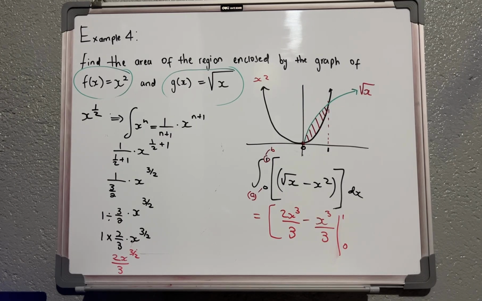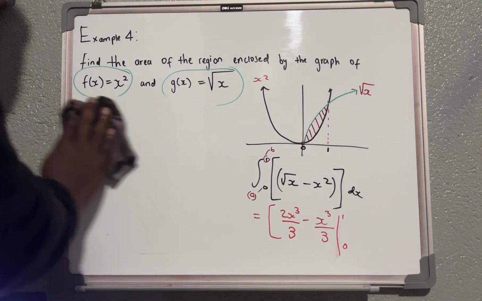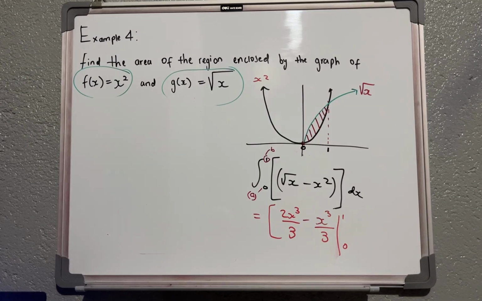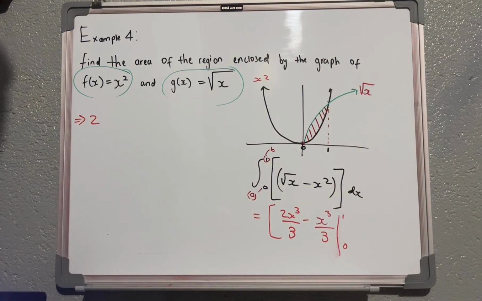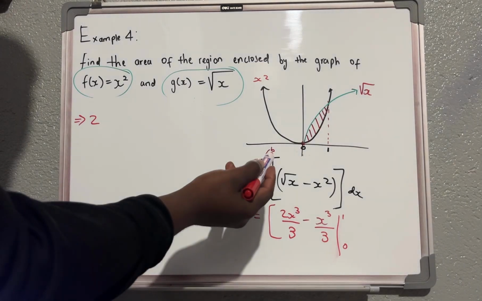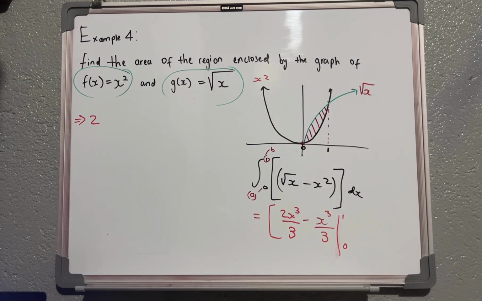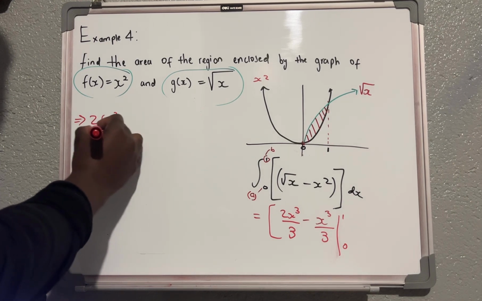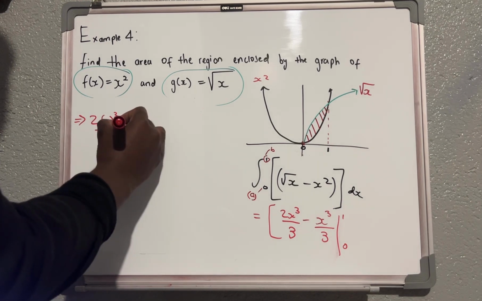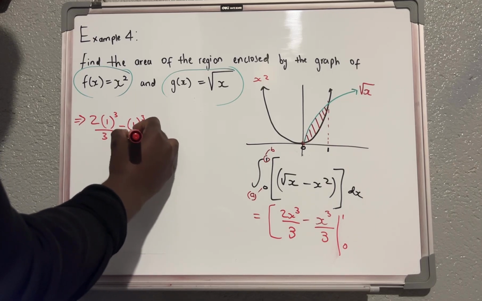So now we have to do the final calculation. How will the final calculation look, considering that we have to use the fundamental theorem? Remember, we always have the function of b minus the function of a. We have 2 into x cube over 3 at 1, minus 1 cube over 3.